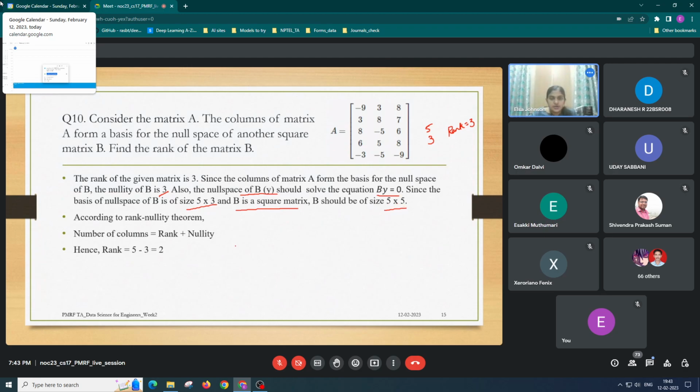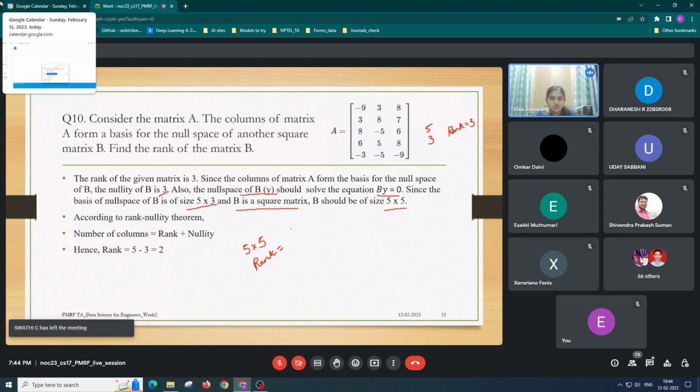So you have a matrix with 5 cross 5 dimension, and it's formed with linearly dependent and independent rows. You want to find out what the rank will be.